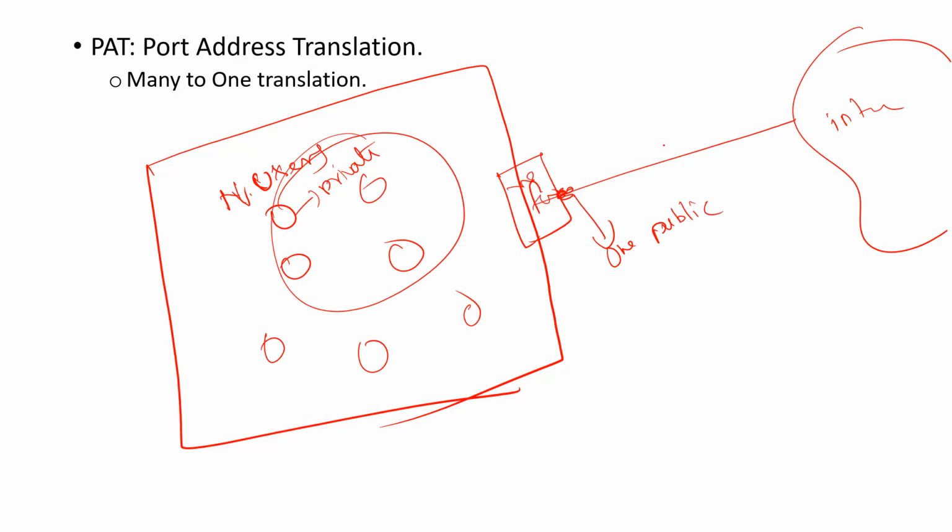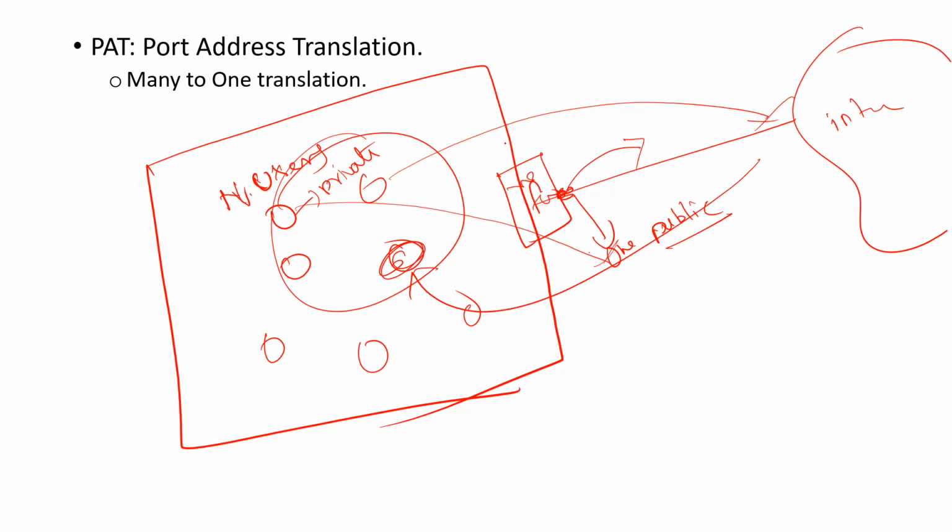Suppose this user is accessing something, and that user is accessing something else, but the traffic goes out with one public IP address only. How does it get returned to the specific source? By using the port number.